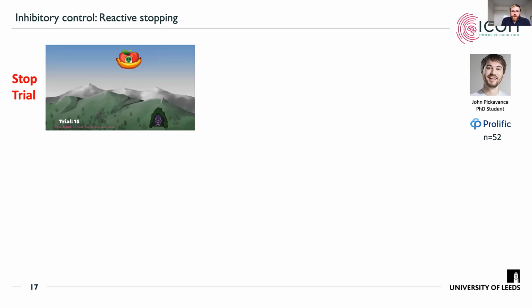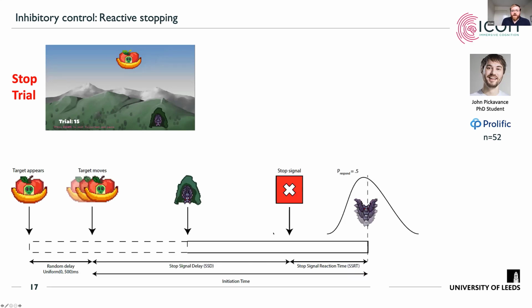So importantly, for this being a stop signal reaction time task, there are some basic things that we need to make sure are going on, which is that introducing this screen change that tells you to stop moving and not move out of the cave is challenging for you. During the trial, the target appears and starts to move, and there's a time where we think you should start moving.